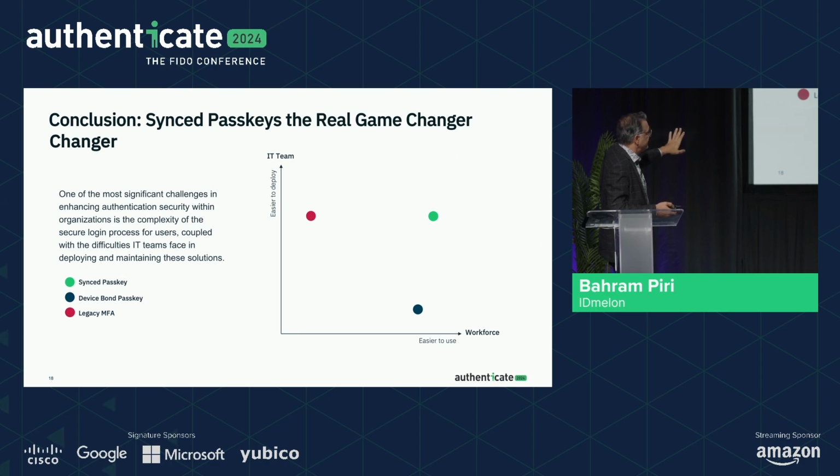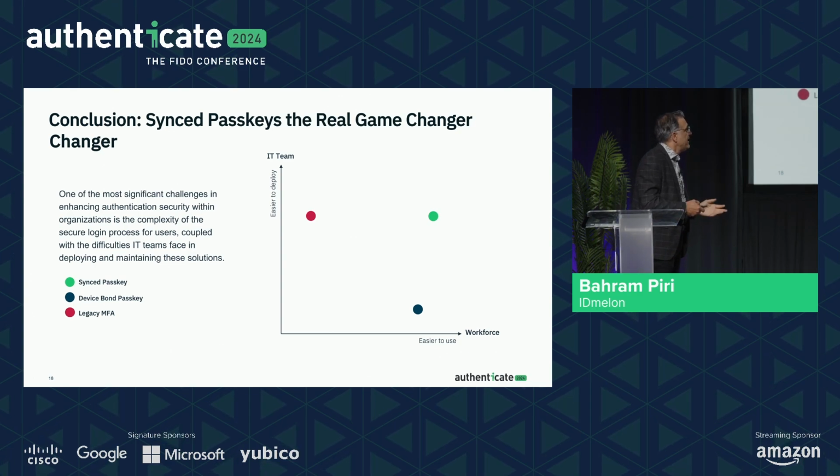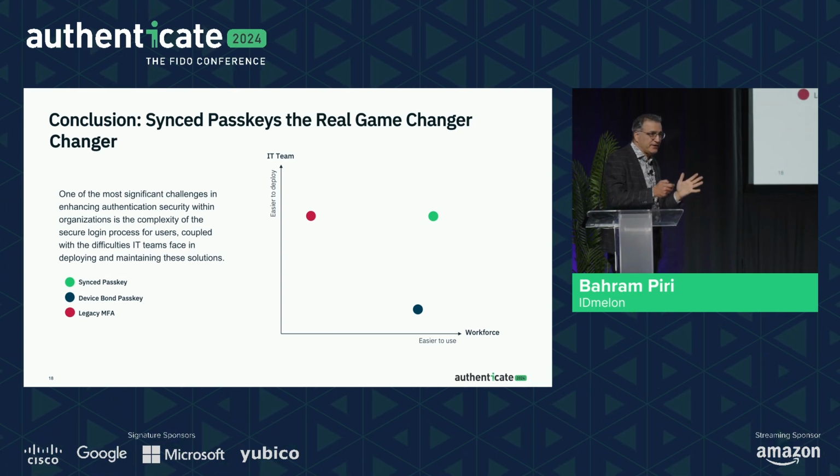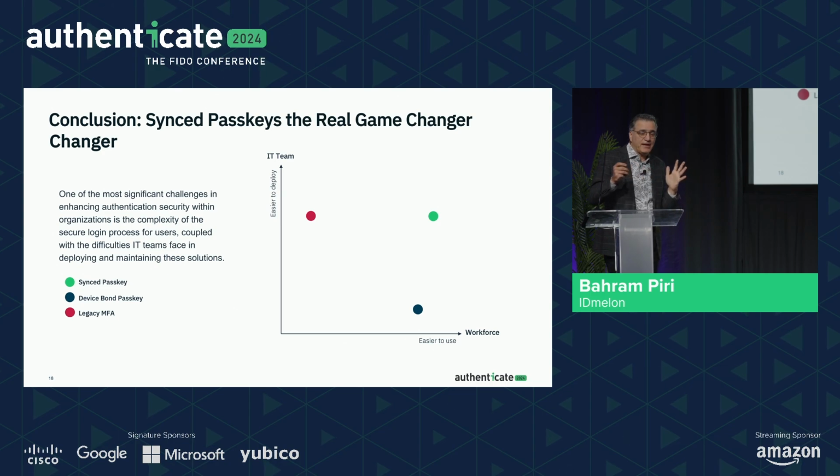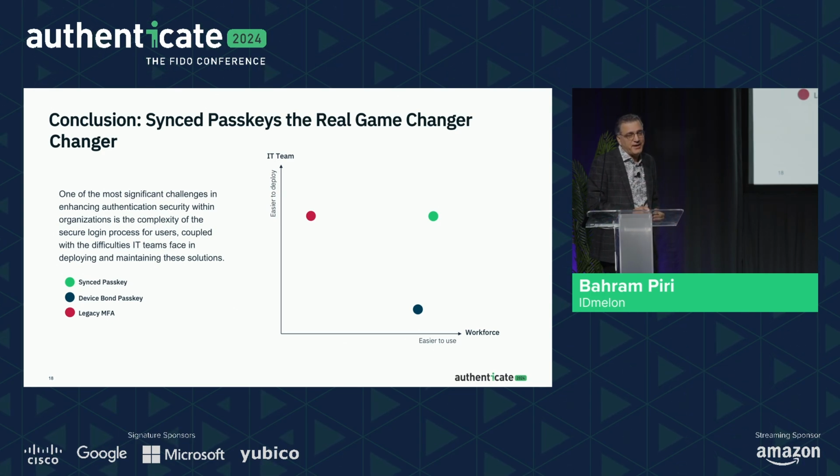But device-bound passkey is easier to use than legacy MFA, though not as simple as Sync Passkey. As we can see, the winner here is Sync Passkey, and the effect of using Sync Passkey in an environment with shared devices is amazing.